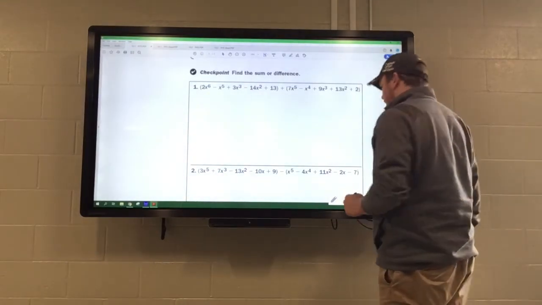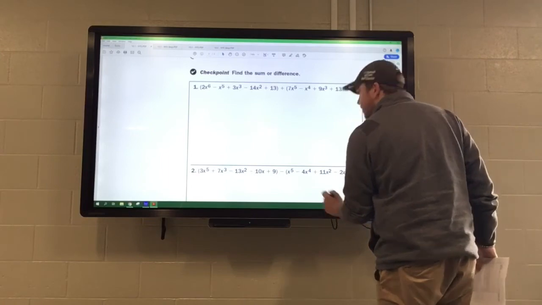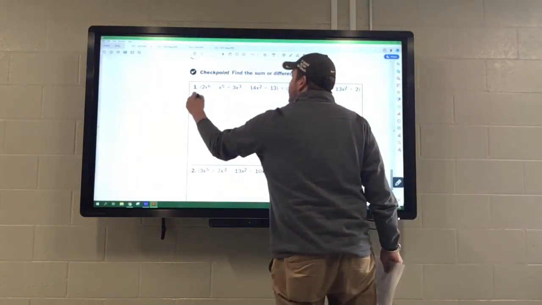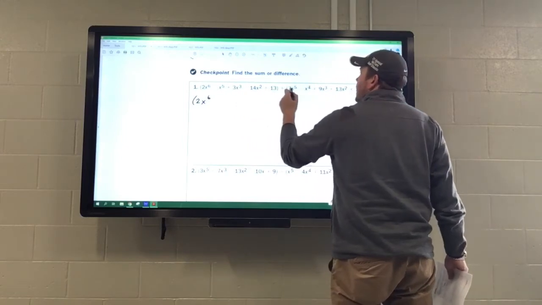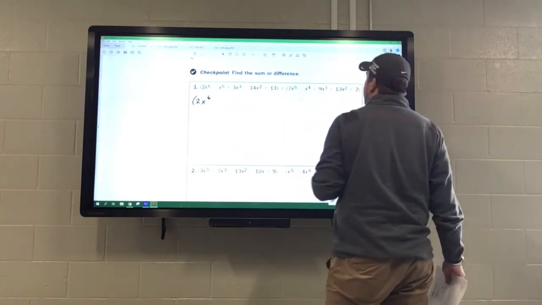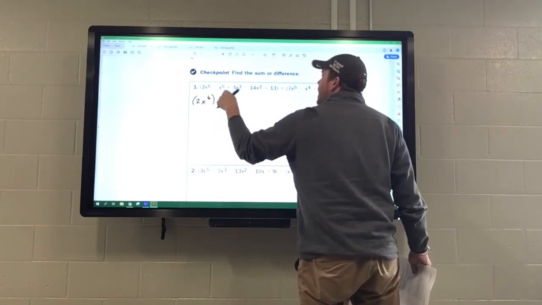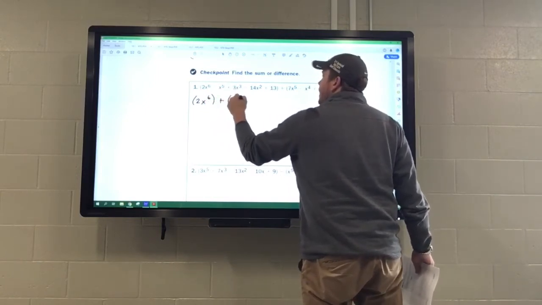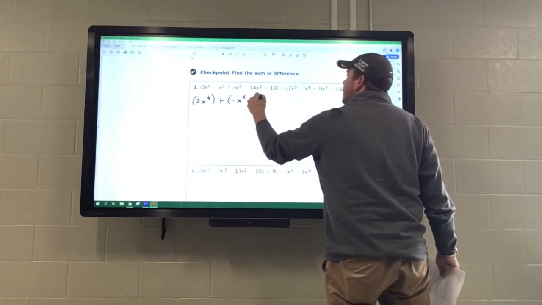So let's start with 2x to the sixth. So I have a 2x to the sixth. All I can combine with that is the other, looks like there's no other x to the sixth, so that one's going to be all alone. Next, let's go to x to the fifth. I have negative x to the fifth. Then I have a positive 7x to the fifth.